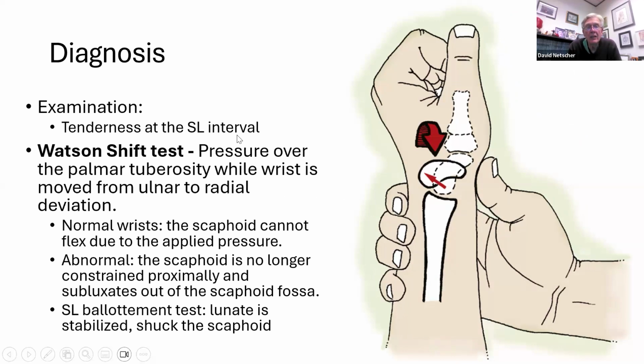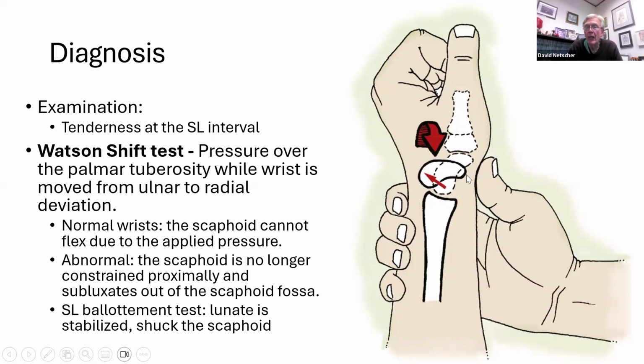Not only is there tenderness at the scapholunate interval that we've talked about, but again, if we go back to our prominent tubercle, the distal pole of the scaphoid, you see as you go from ulnar to radial deviation, that flexes. So when I go into radial deviation, that tubercle becomes more prominent. When I go into ulnar deviation, it vanishes. So the scaphoid goes from flexion into extension as we go from radial to ulnar deviation. So it moves at 90 degrees to the direction that the wrist is moving.